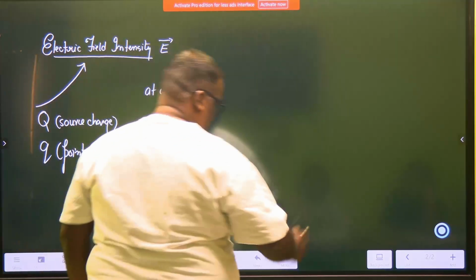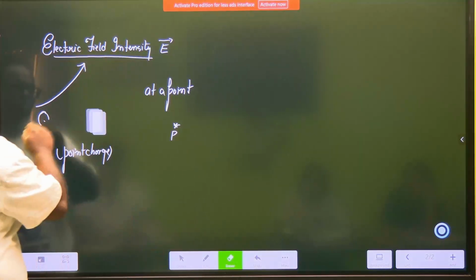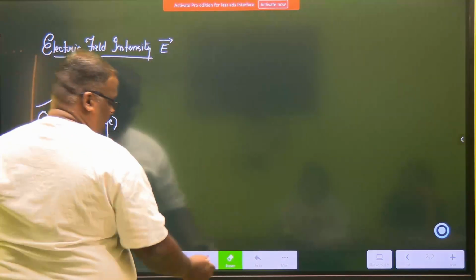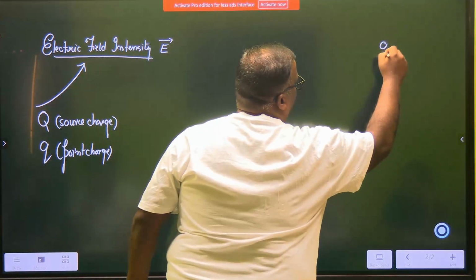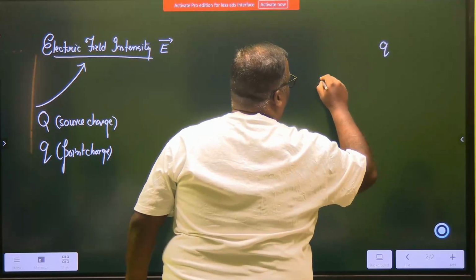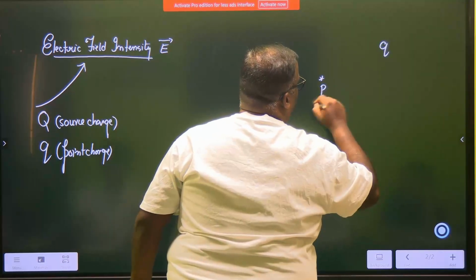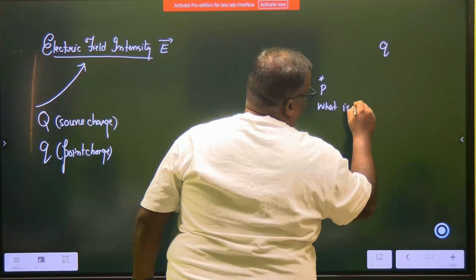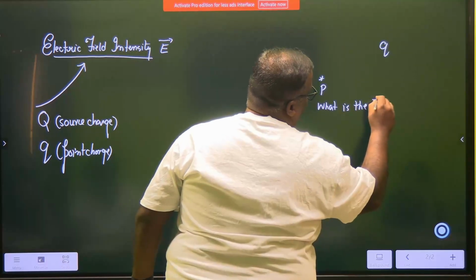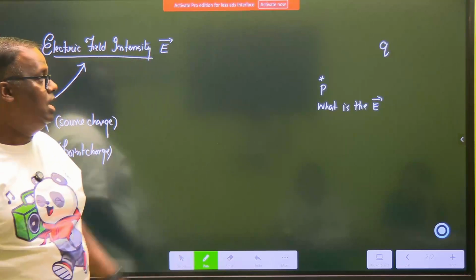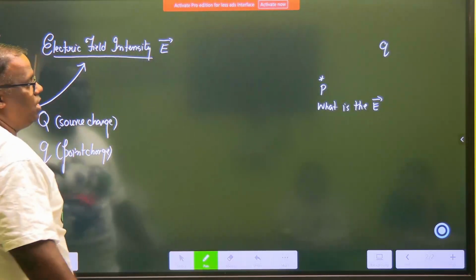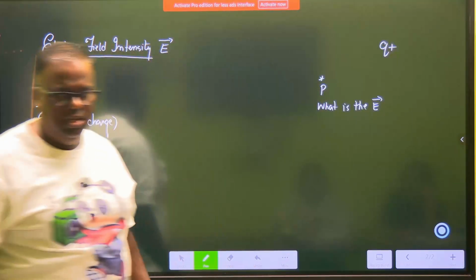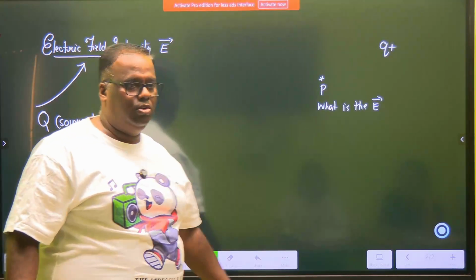Rather, I'll say that I have a point charge Q, and I want to find out at a point P what the electric field intensity is. And Q, as a source charge or as a point charge, for the purpose of our understanding, is always taken as positive. This is a hypothetical scenario that you're trying to set out.